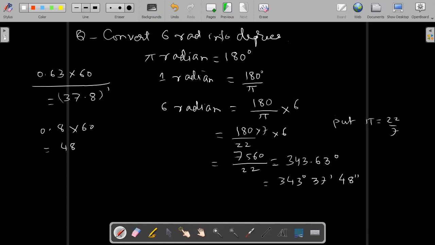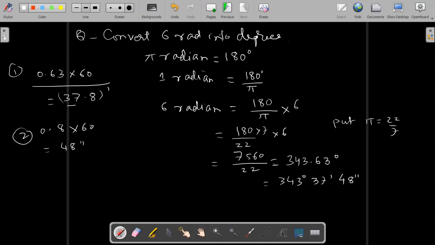So like this, at last, if you are getting the answer of degrees in decimal, you have to convert into minutes and seconds. First, you multiply by 60. Whatever you get, take the whole number, leave the decimal part, and multiply the decimal part again to get the seconds. So like this, you can convert.